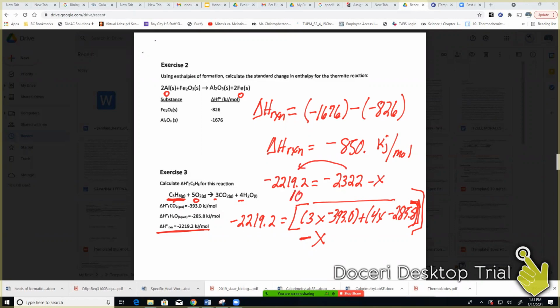And that's where you would have gotten your 103 is equal to your negative X. But then I can't leave my X negative. So that's why it ended up turning into your X is equal to negative 103 kilojoules per mole. Because I guess you can think of that as dividing by negative 1. When you do that, then you end up with a negative 103.